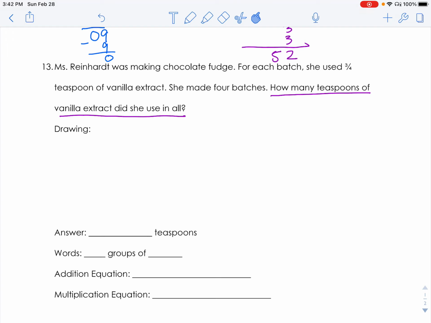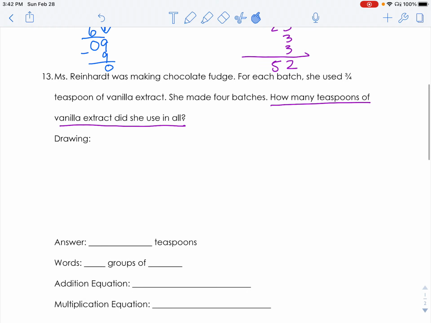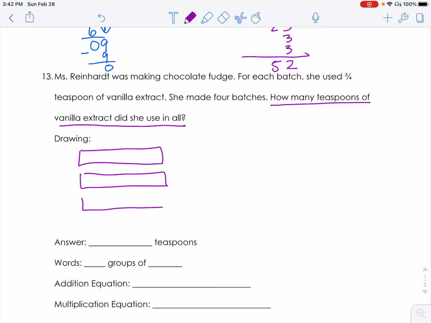Okay, well let's start with our drawing. So if I know she made 4 batches, I'm just going to draw each batch as a rectangle. 1 batch, 2 batches, 3 batches, 4 batches. Okay, we got the 4 batches. And then we know she used 3/4 teaspoon of vanilla extract in each.